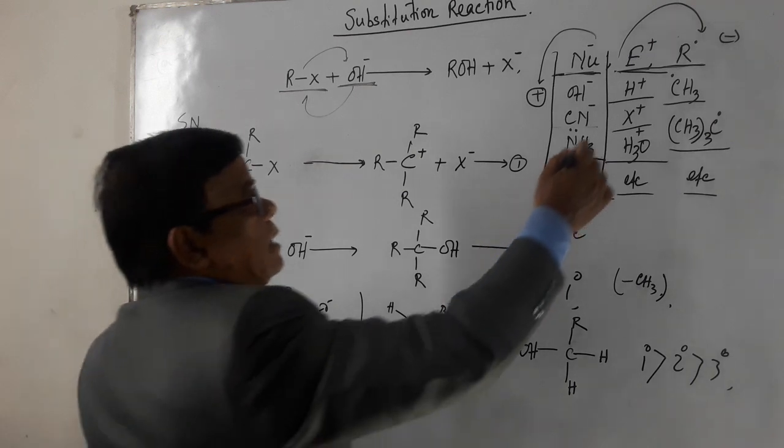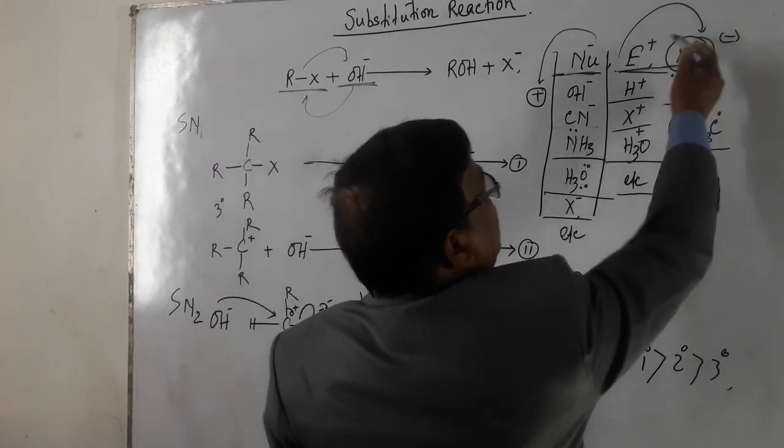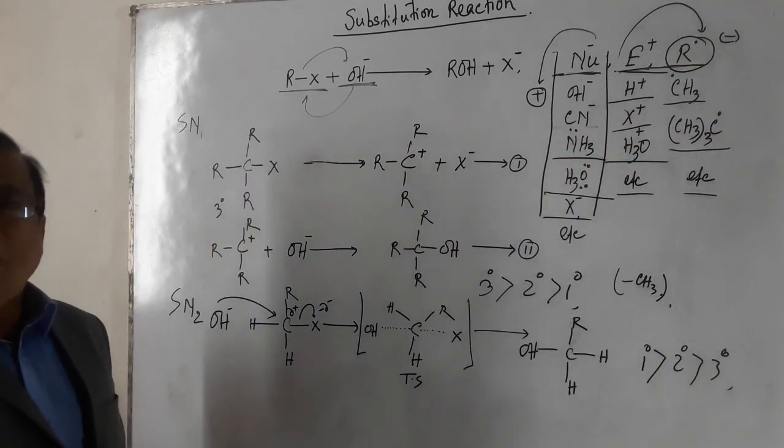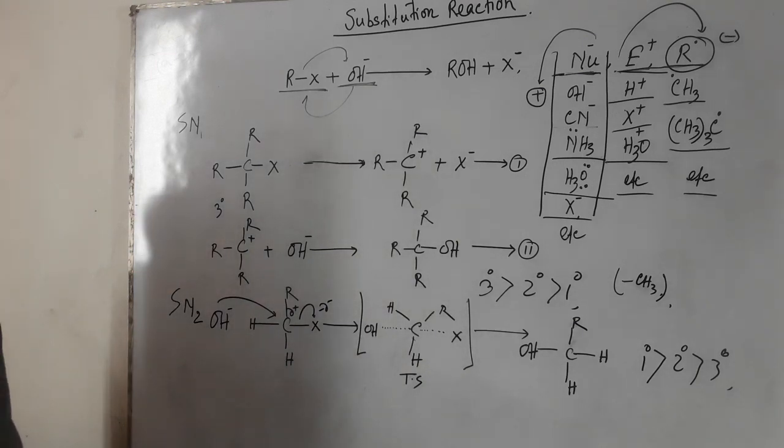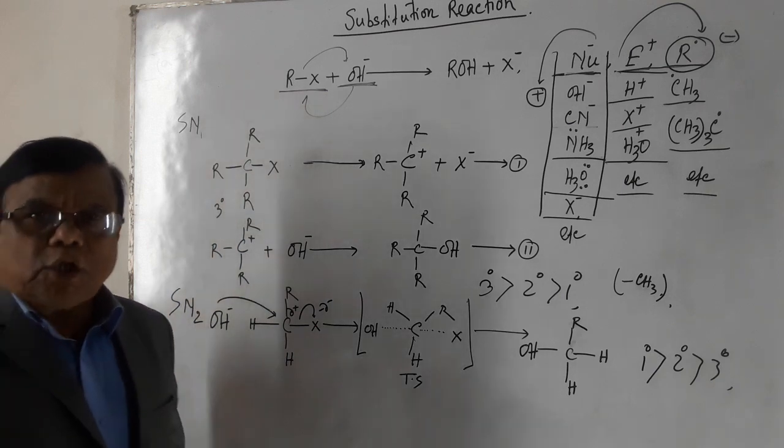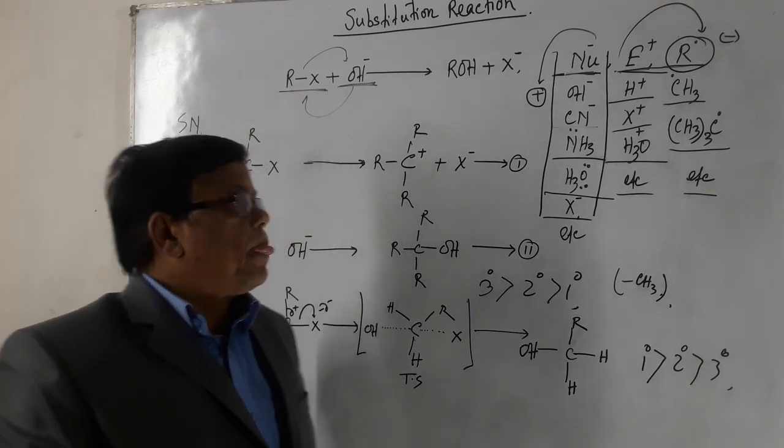And in a free radical only one unpaired electron remains, that will be formed by similar dissociation, then it will be a free radical.